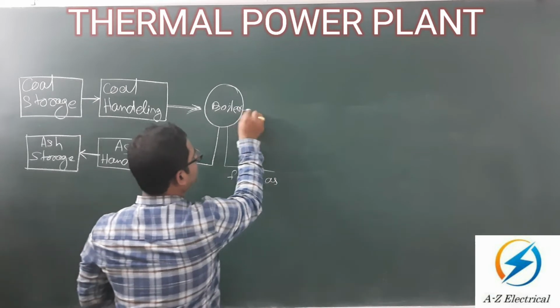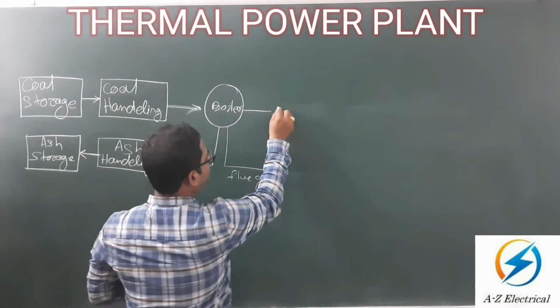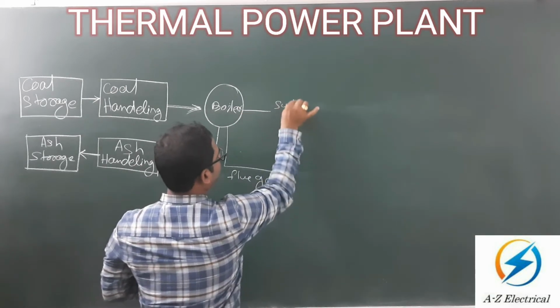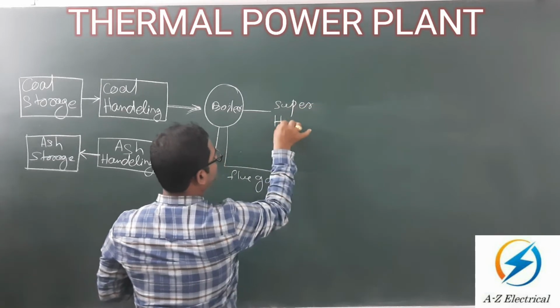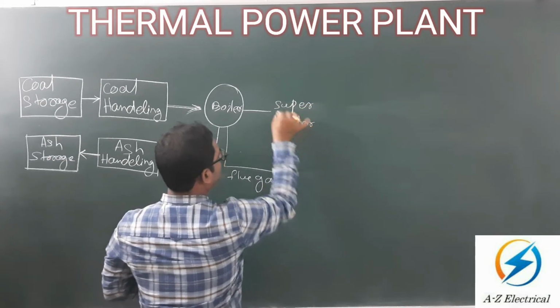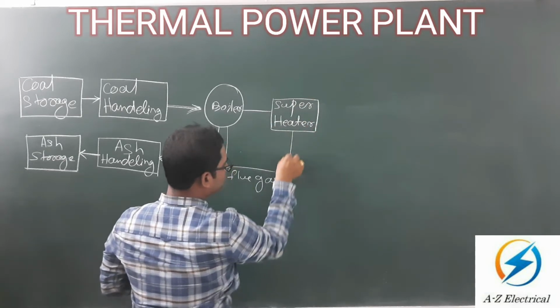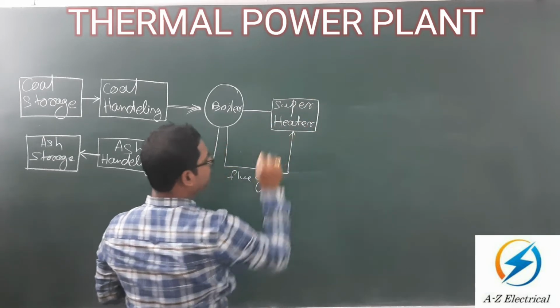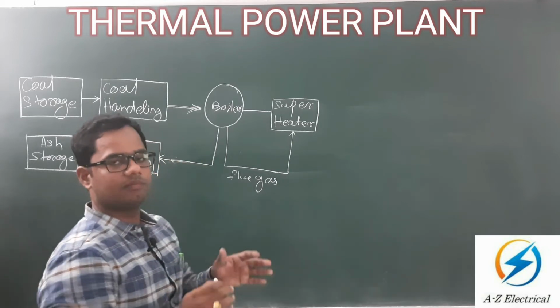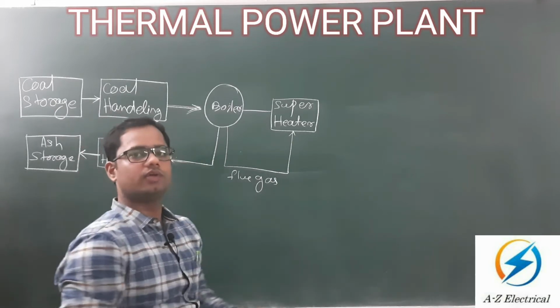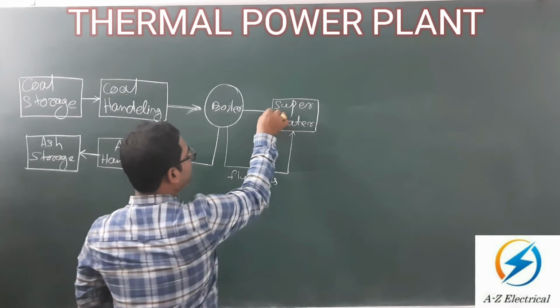On the right side of your boiler, or after that, your superheater is there. That flue gas will enter the superheater to make the steam dry, and it will superheat the steam so that more pressure will be there.